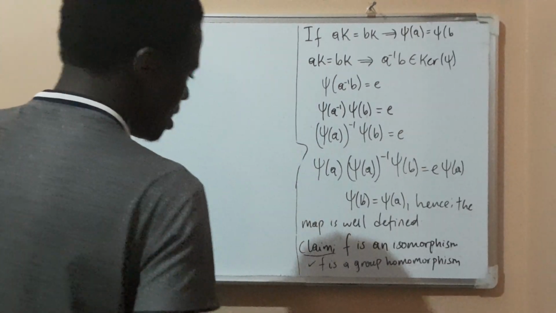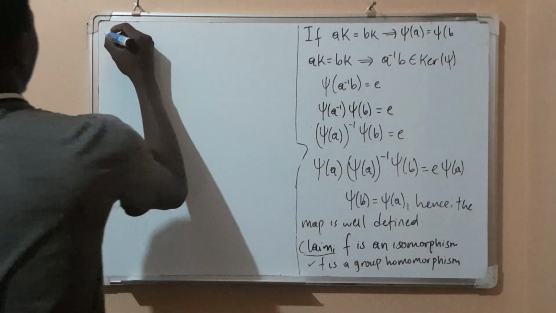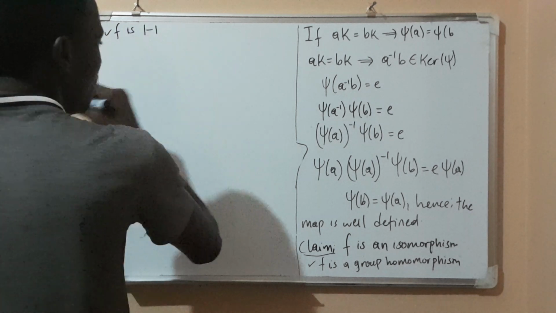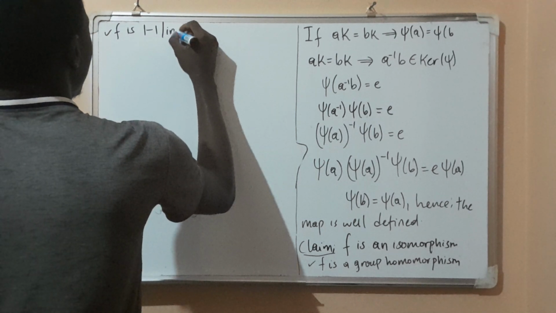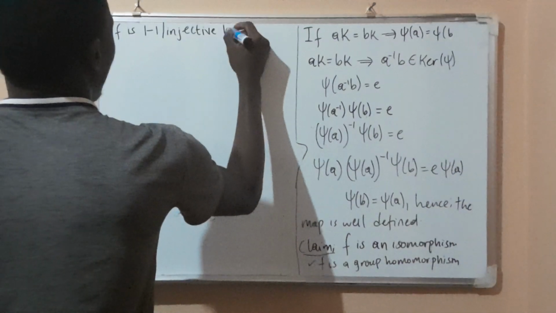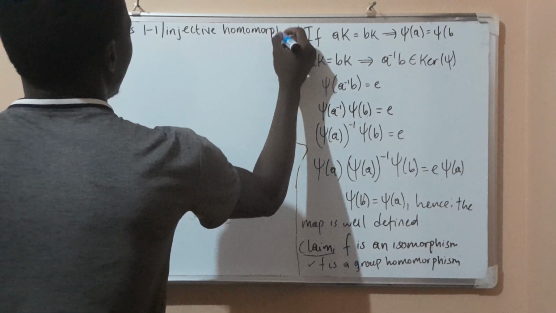So we have to show that F is a group homomorphism. We also have to show that F is a one-to-one, or injective, homomorphism.